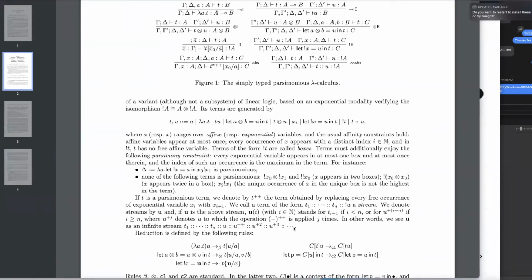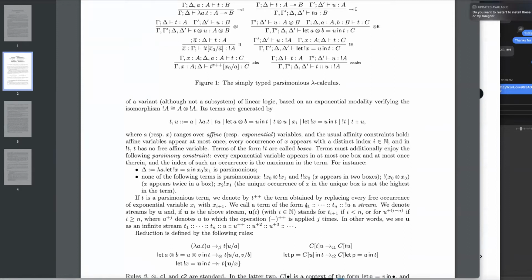So one way to think about it is that the box is giving you copies of the term where you've shifted the variables over. We are starting from t1 to tn. That's the finite prefix. Think about it like rest arguments, right?